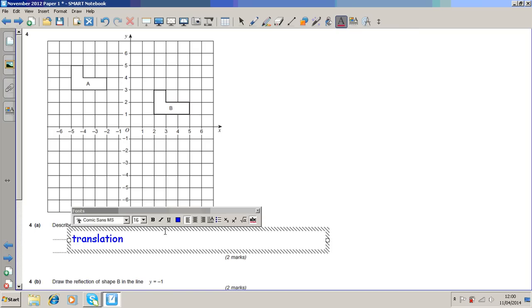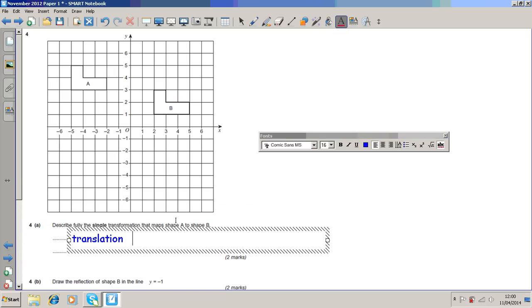Now for a translation, you need to say how many squares it's gone left and right and up and down. Just check, are we going from A to B or B to A? A to B. So I'll go this bottom corner here, that's 1, 2, 3, 4, 5, 6, 7 squares right, 2 squares down. 7 right, and 2 down.